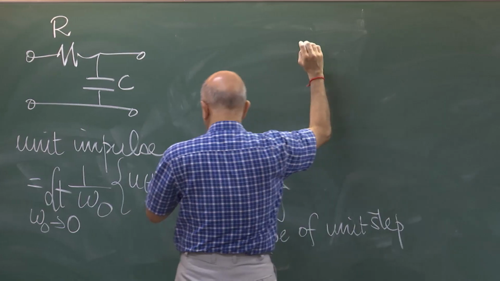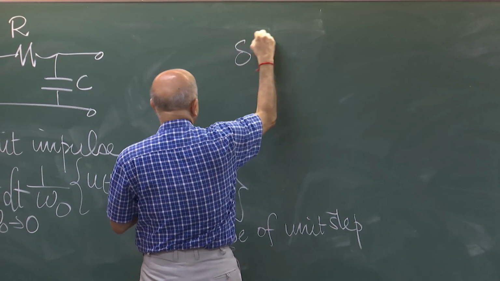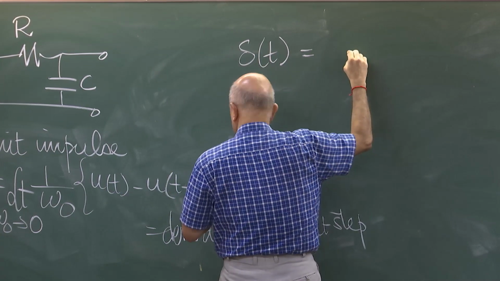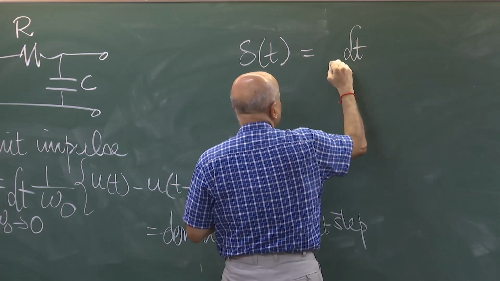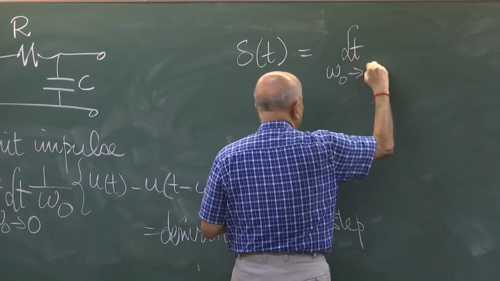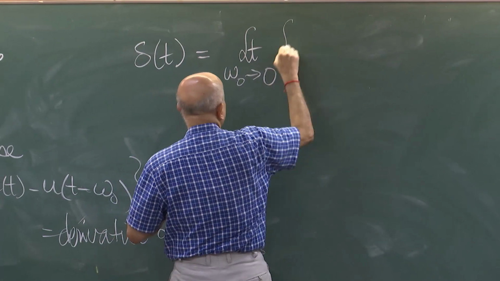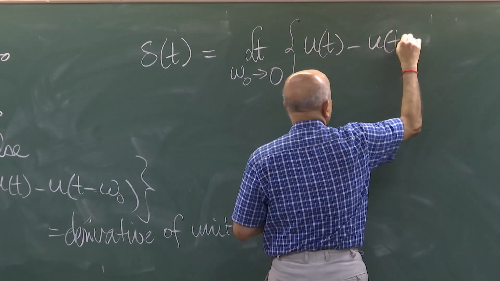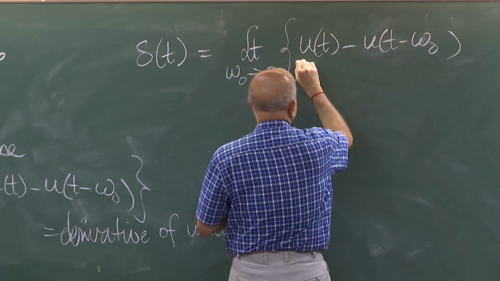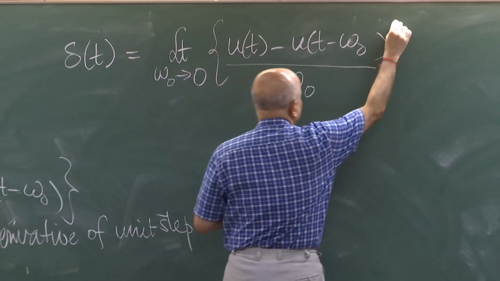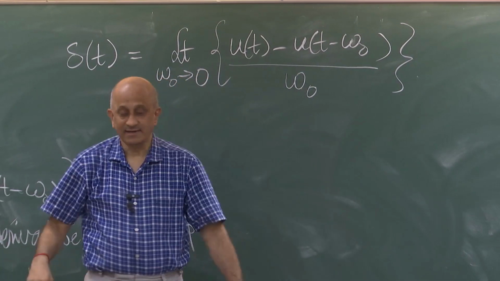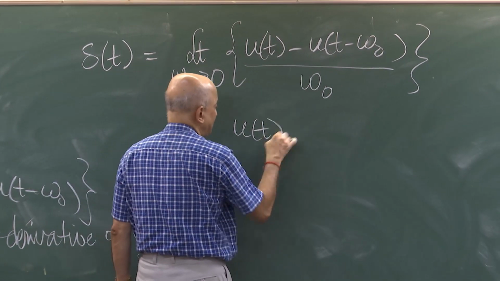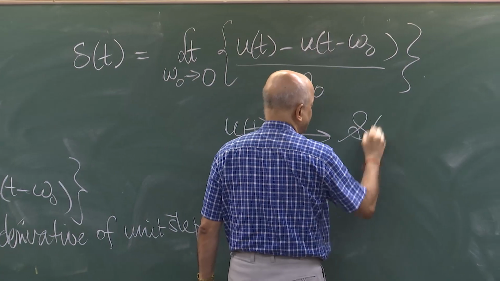So, you see, what I am saying is delta(t) is essentially the limit as w0 tends to 0 of u(t) minus u(t − w0) divided by w0. And if you know the response to a unit step, let's call it s(t).